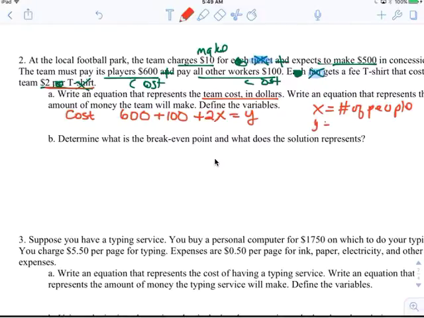Y equals 2, because if we use fan, that can be the fan that doesn't show up. Y is the what they make, or what we call income. Income is what they make. Is $10 for each person, each ticket.